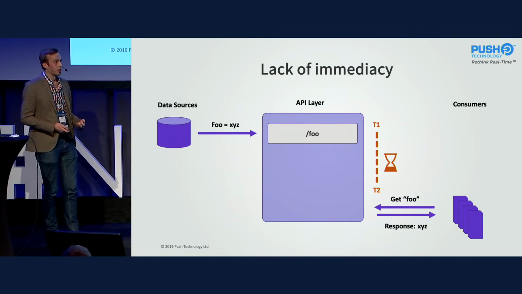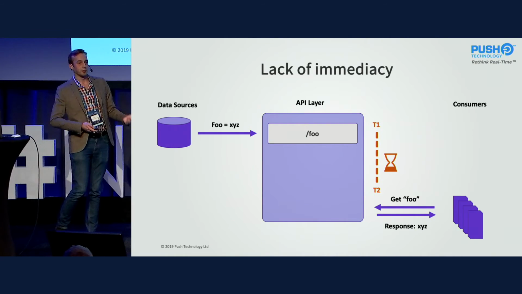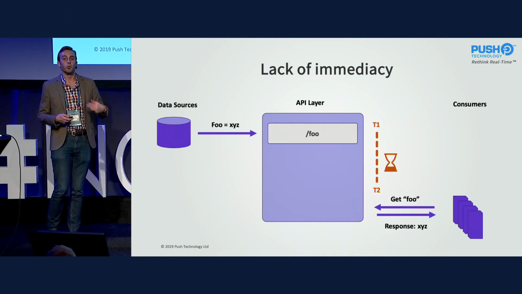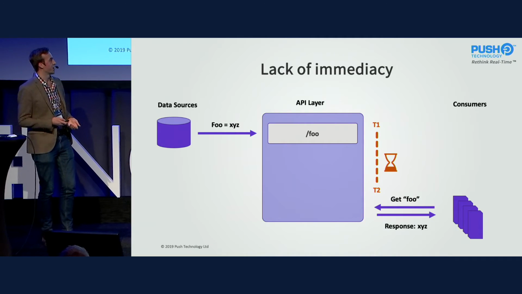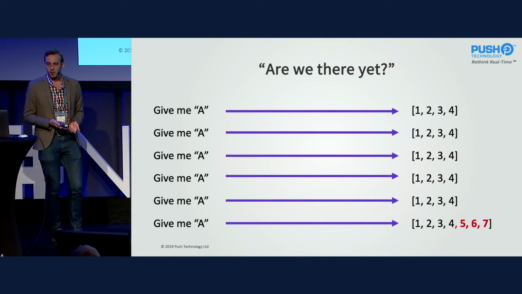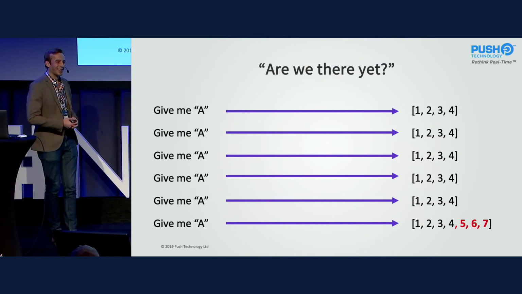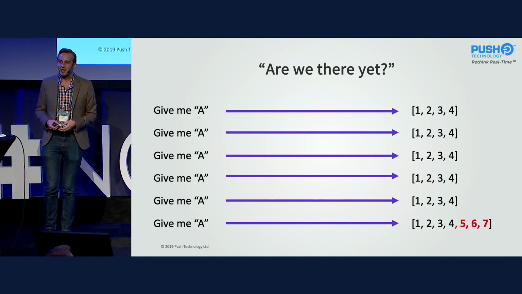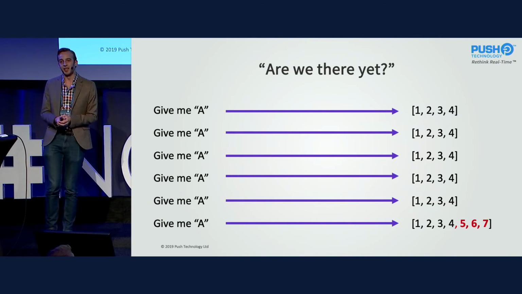In a polling model, we're basically at the mercy of every client deciding when to ask if anything's changed. And of course, as the talk in the previous session mentioned, the whole "are we there yet" issue.